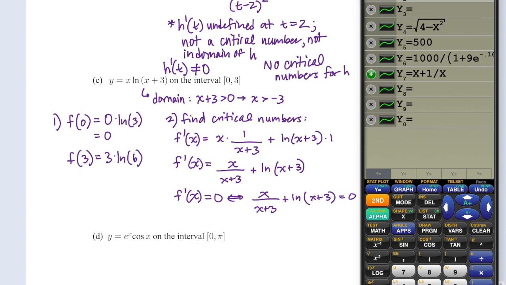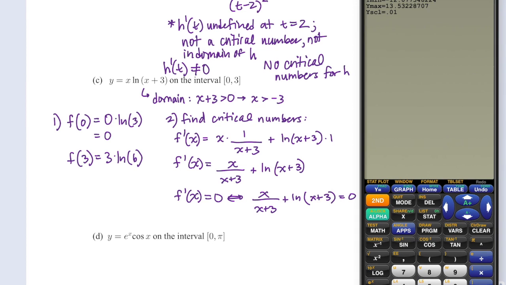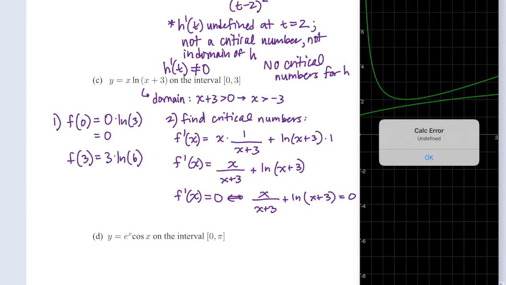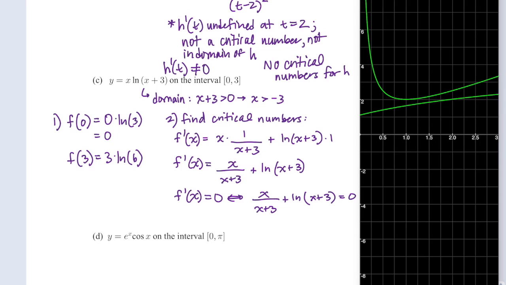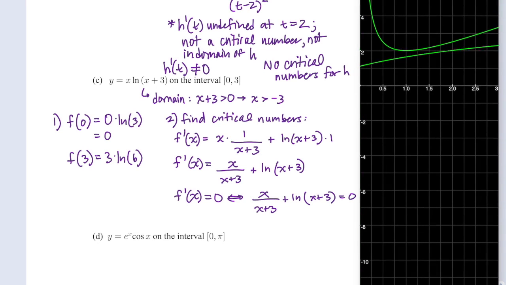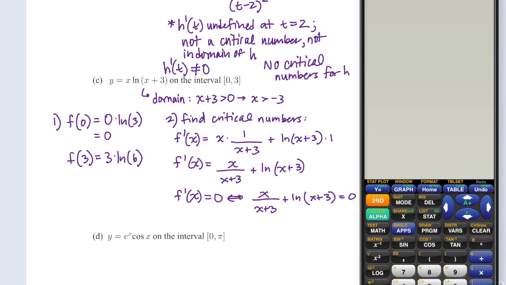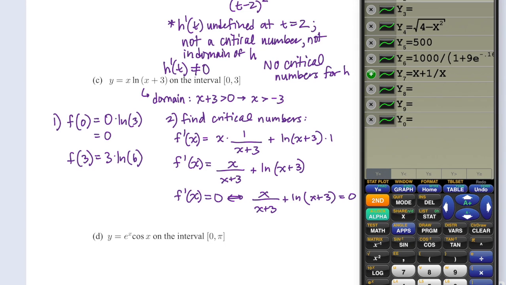So let's just take a look at this graph. We want to look at this graph just on the window from 0 to 3, and let's leave it as negative 10 to 10 for the y's. Okay, so we had x over x plus 3 plus natural log of x plus 3, and let's take a look.